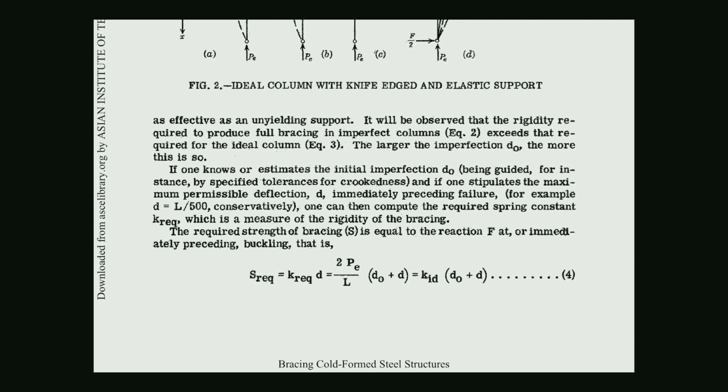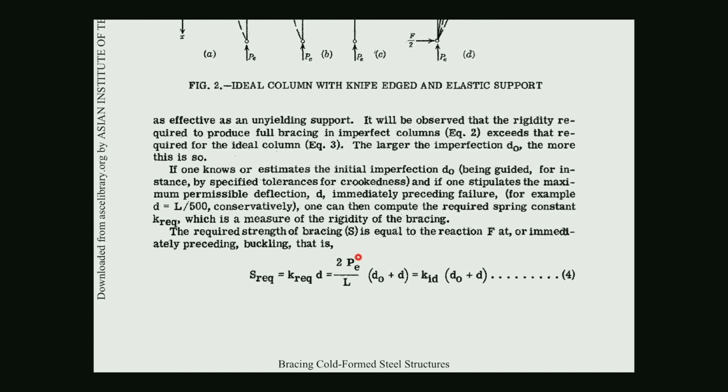You don't know, right? This is the pain. You don't know the D value. S equals K times D. The K required is coming from the development we had above, and then you multiply by D, then you end up with this: 2 times buckling load divided by L multiplied by D naught plus D.